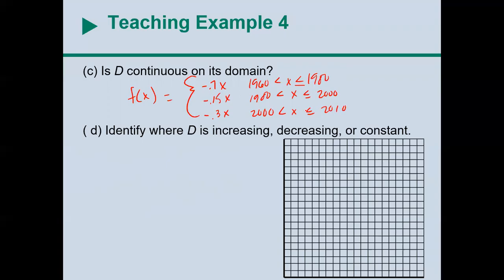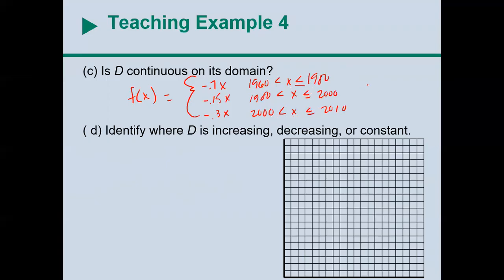So I have my equation. At every point on my domain, is everything defined? 1960 to 1980, yes. 1980 to 2000, yes. 2000 to 2010, yes.